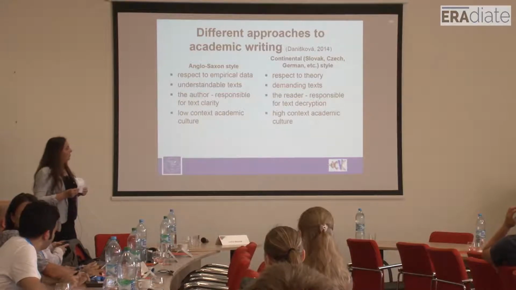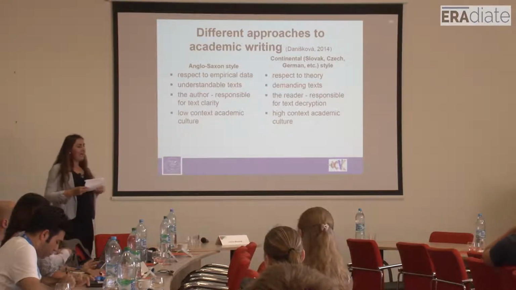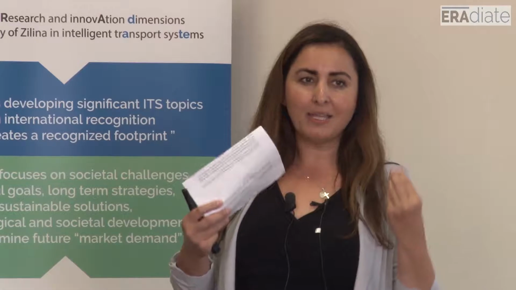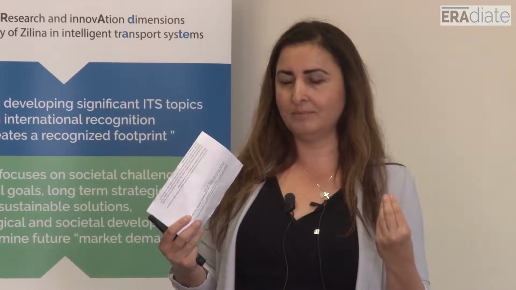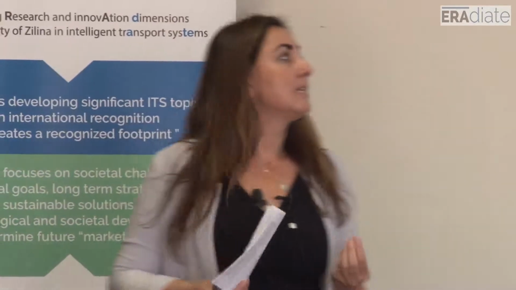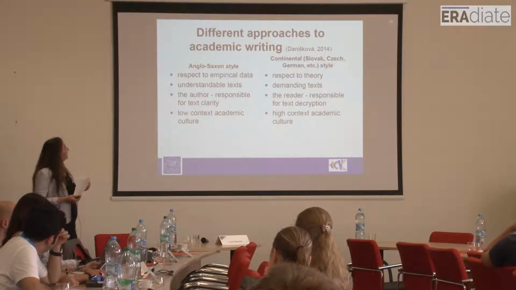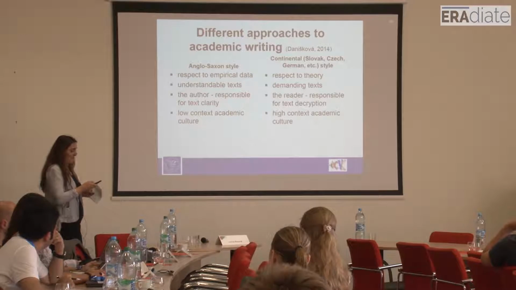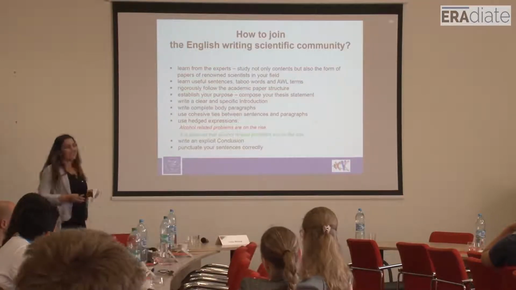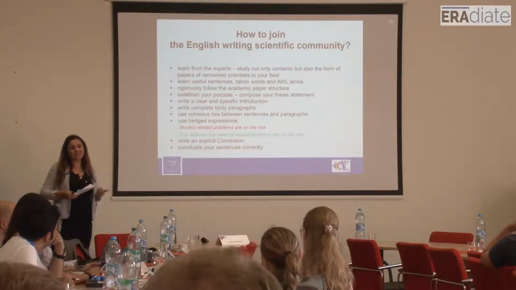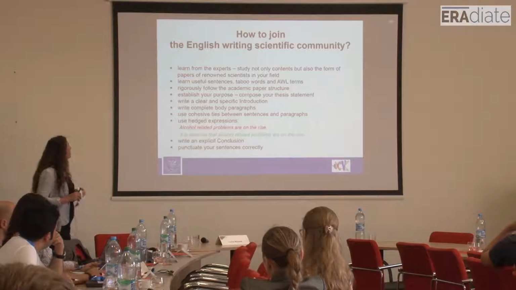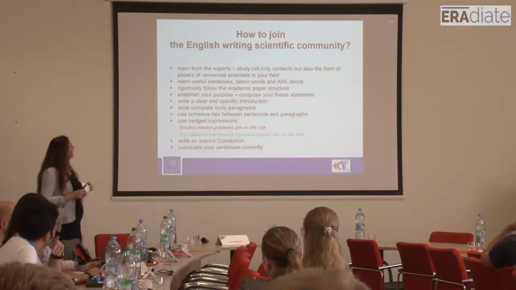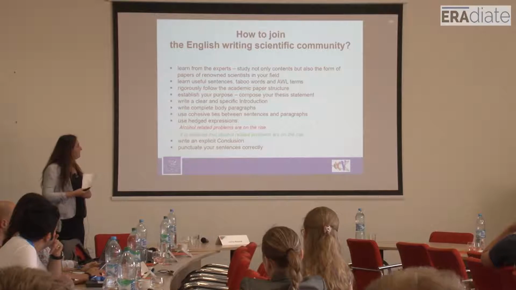And the task is this. How can we, with our mindset, culture, etc., write successfully in English? So it's possible because we can adopt several survival strategies, so to say. So for example, we should learn from the experts.